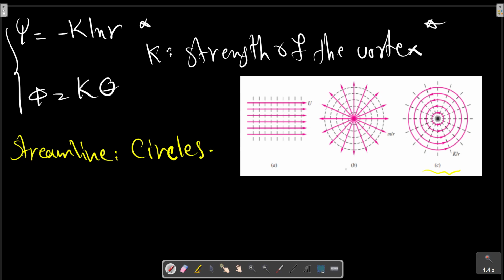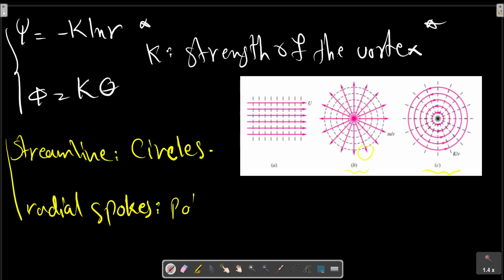Where in the sink or source the streamlines were arrows in the radial direction, in the vortex the streamlines are circles and the potential lines, perpendicular to the streamlines, are radial spokes. Potential lines: constant theta.